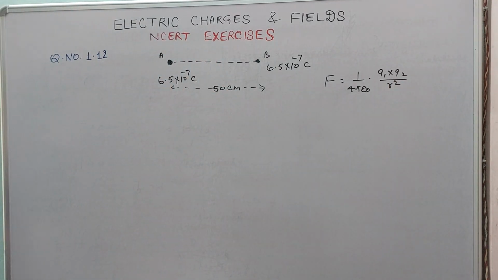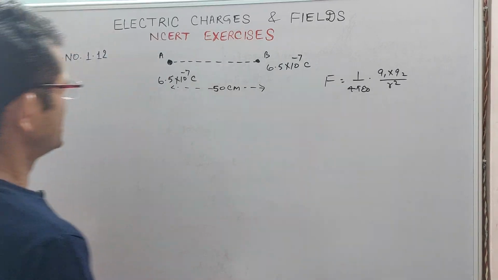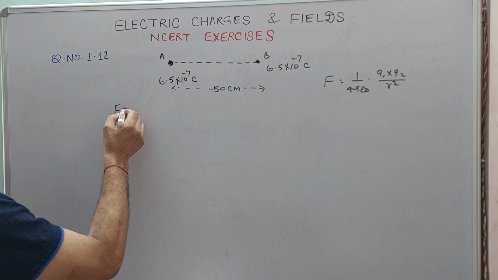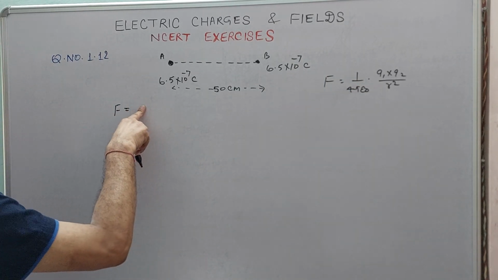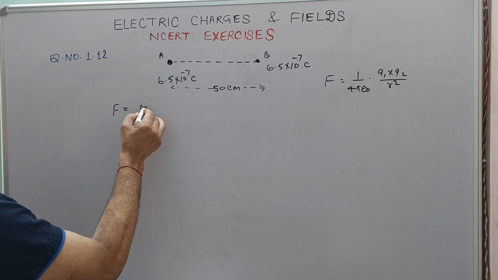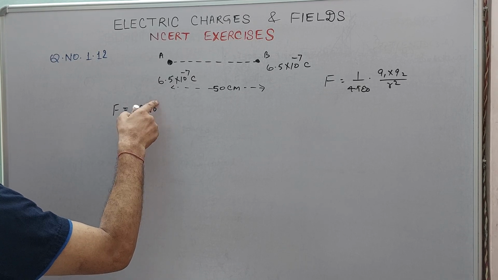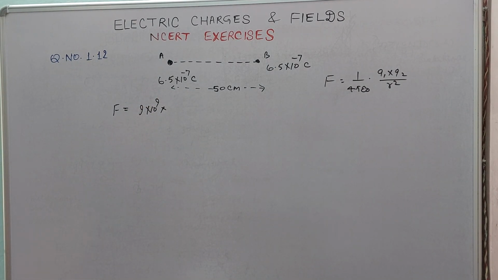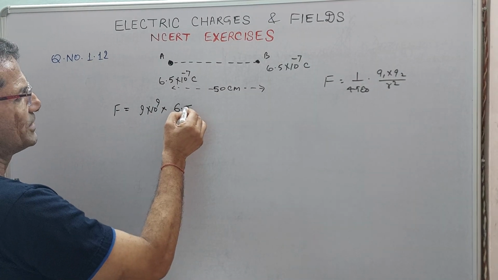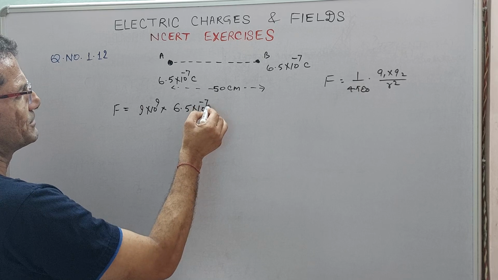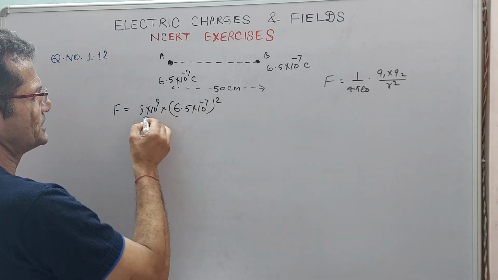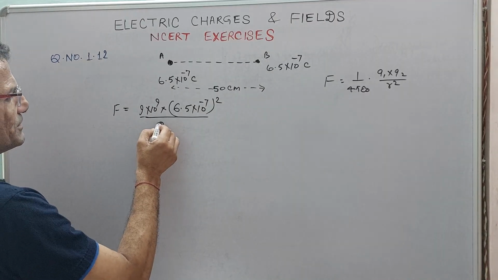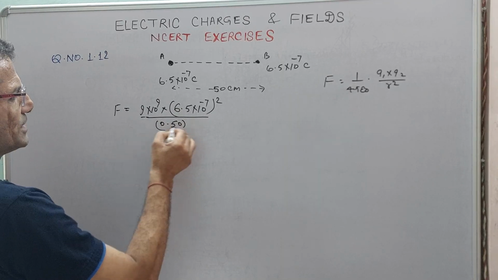If I place the values here, 1 upon 4 pi epsilon naught has the value 9 into 10 raised to the power plus 9, and the product of the charges is 6.5 into 10 raised to the power minus 7 whole square. The distance between them is 50 centimeters; converting to meters, 50 divided by 100 is 0.5, whole square.